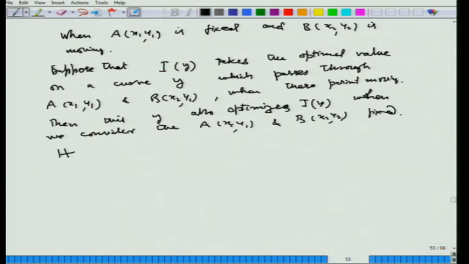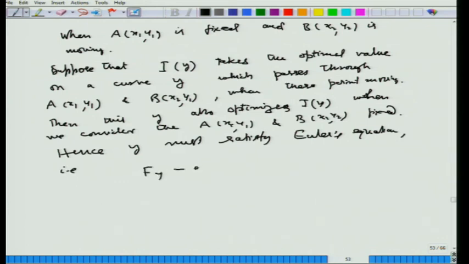Hence, y must satisfy Euler's equation, which is a necessary condition, that is f_y minus d/dx of f_y' equal to 0.